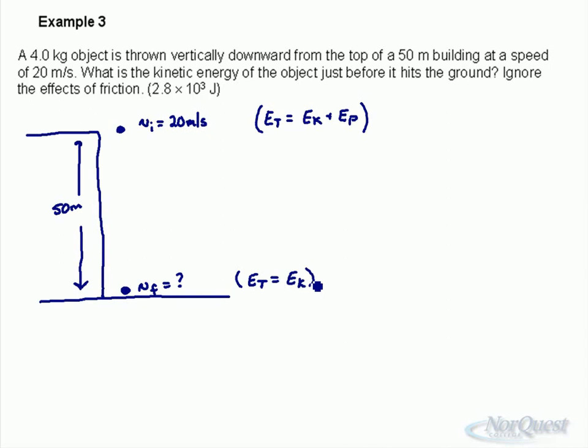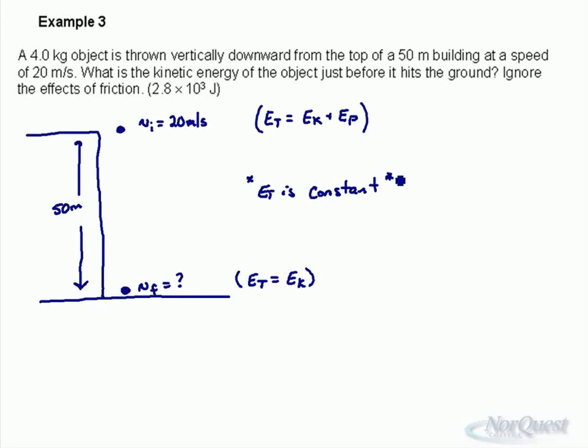But since we don't know the final velocity, and we're not being asked to find the final velocity, we can't use that piece. What we're going to use is we know that total energy is constant. And we have to keep remembering that, because that's one way that they try to trick you on diploma exams.